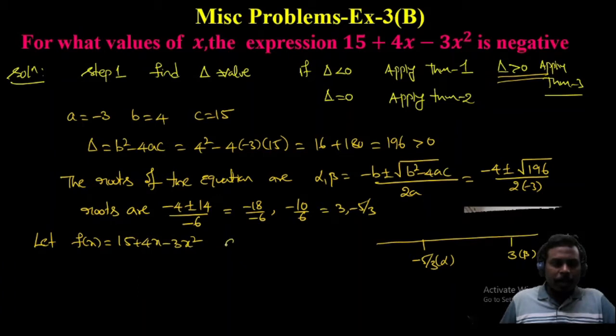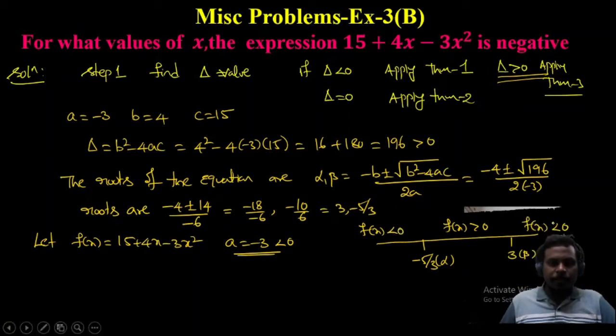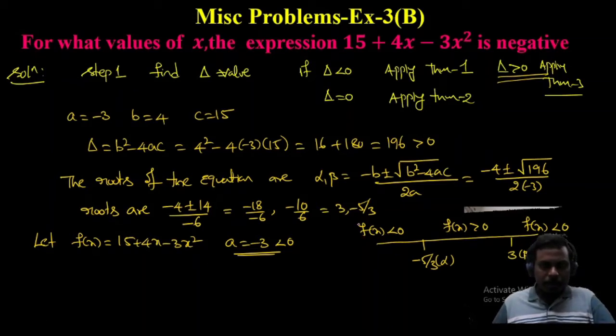And the a value here is minus 3, which is negative. So this f of x in this region takes positive sign, and f of x in this region takes the same sign, that is f of x is less than 0. So these are the things that we require actually.